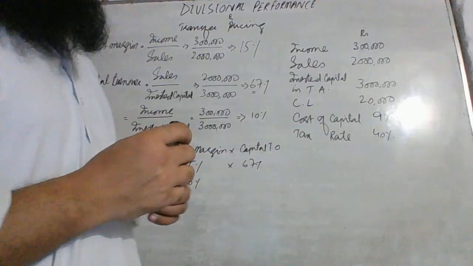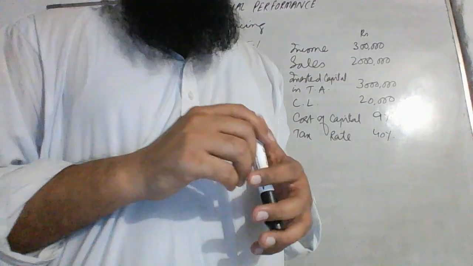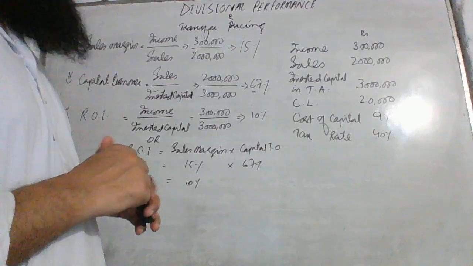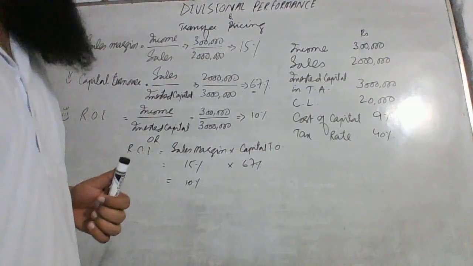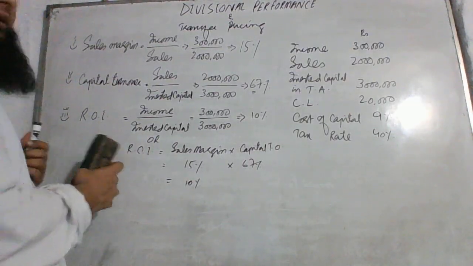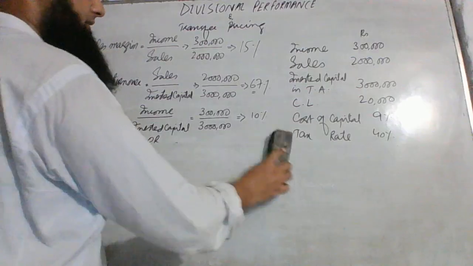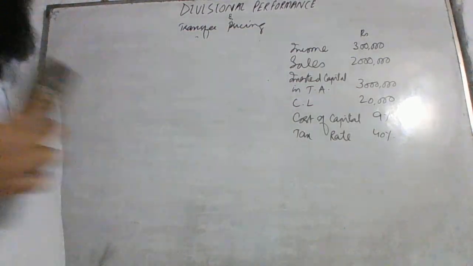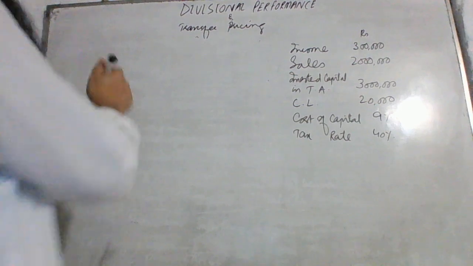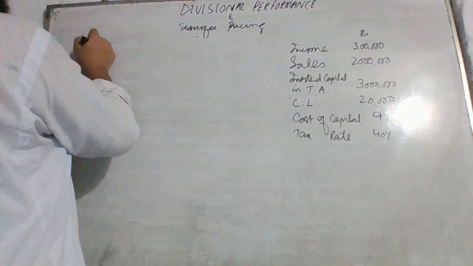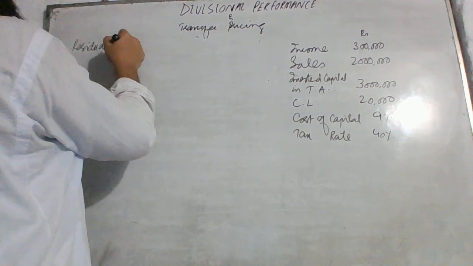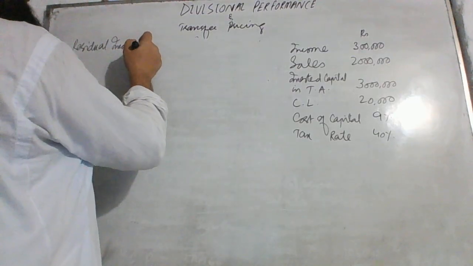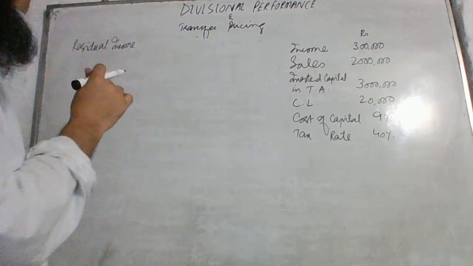The next formula is to calculate the residual income. How to calculate residual income? You can see that the residual income would be calculated by operating income.